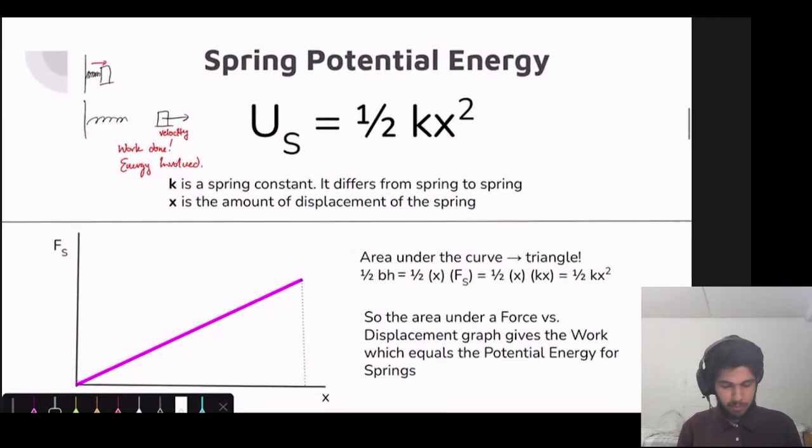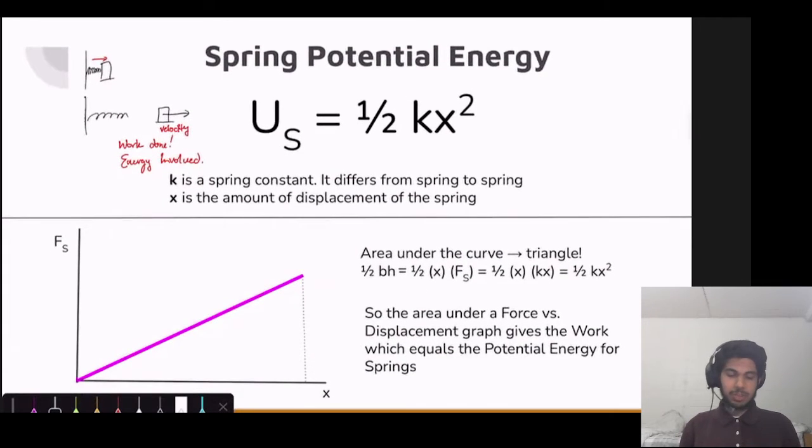So if we have this graph here, where we're graphing the spring force by the displacement, so displacement is on the x-axis and the spring force is on the y-axis, we have this straight line here. And the first thing we should be asking ourselves is, does this make sense?